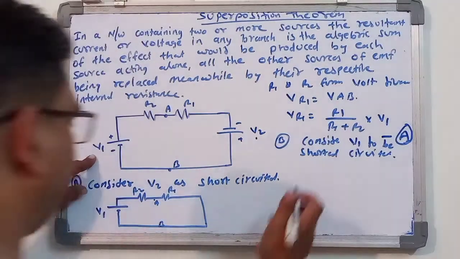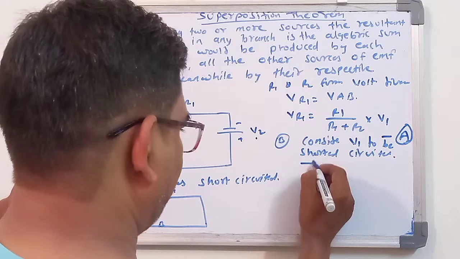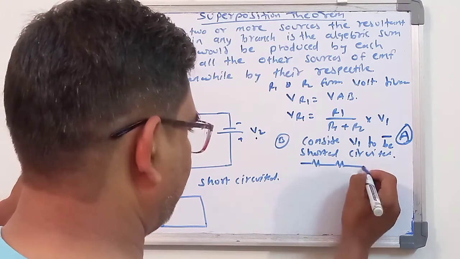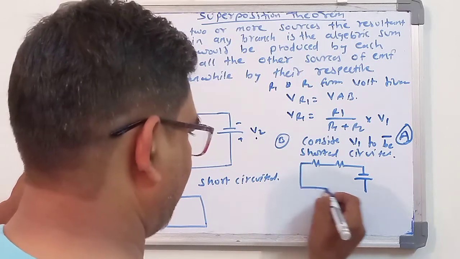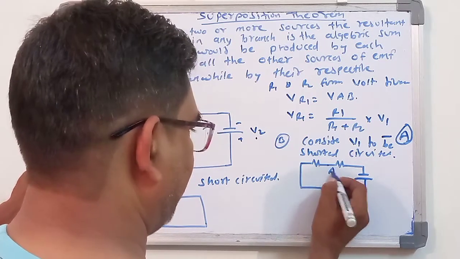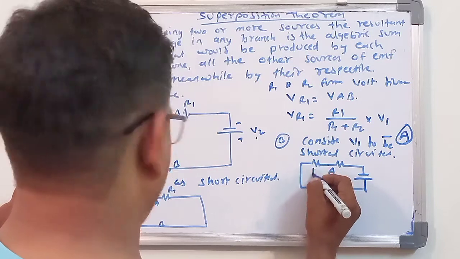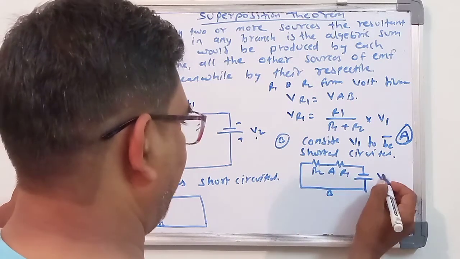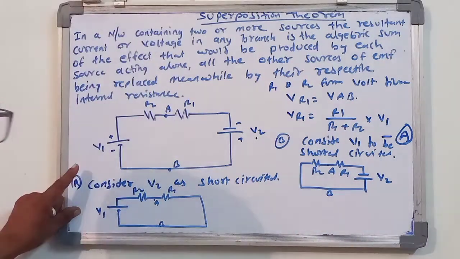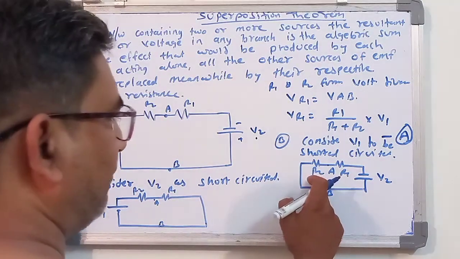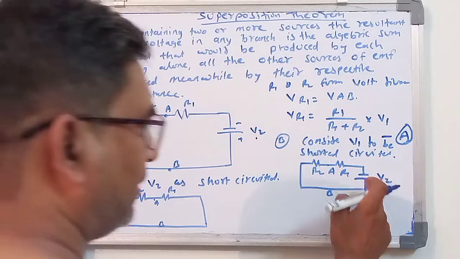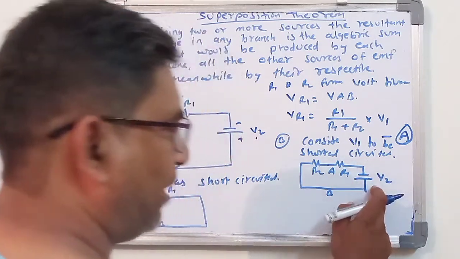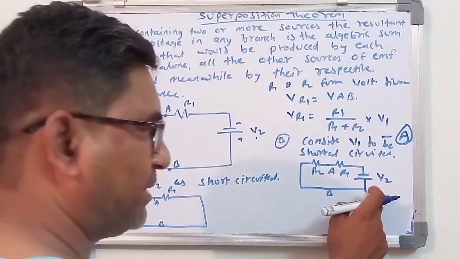Now how will the diagram look? It will look like this: resistor with a negative value, and V1 short circuited, with A and B, R2, R1 and V2. Again the same thing, R1 and R2 form a voltage divider, and the opposite polarity of the voltage is represented here.